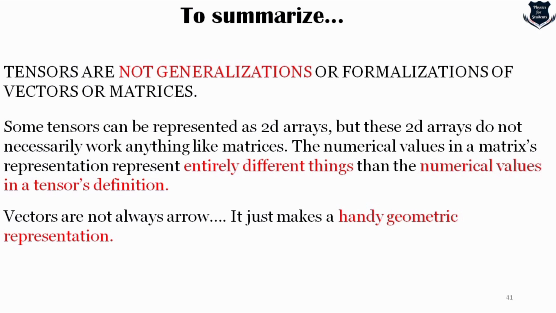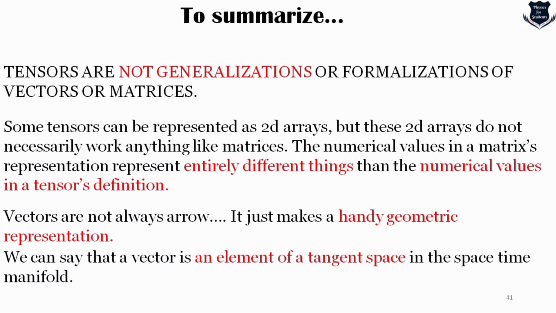Vectors are not always arrows, because vectors are actually something which helps us imagine a geometric representation. We can say that a vector is an element of a tangent space in space-time. So mathematicians see much more than ordinary people who are trained to see vectors as arrows. A vector space is anything you like.